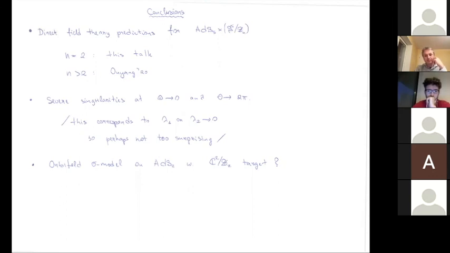Excuse me, Kostya. If I'm not mistaken, this has been done by Gadde, Rastelli and collaborators. I thought I read their papers quite carefully, but maybe I forgot something. I'm not sure that it's the same quiver theory. Are you sure?